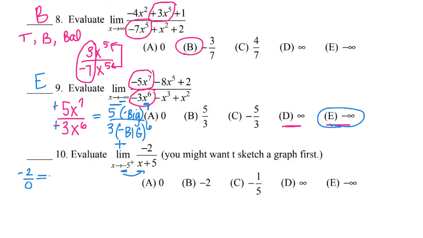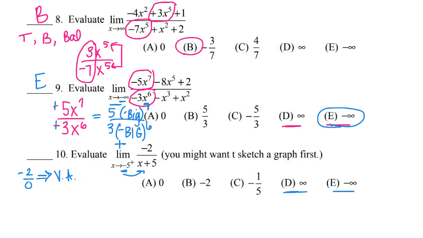So that indicates I have a vertical asymptote. The limit might not exist here, but I need to look to see whether this is tending toward positive or negative infinity. So let's go ahead and sketch a graph that will help with this.